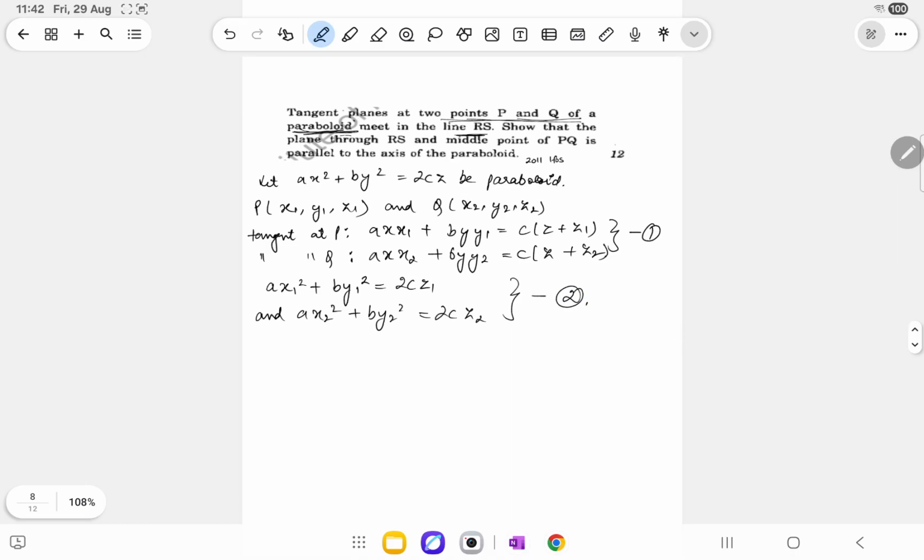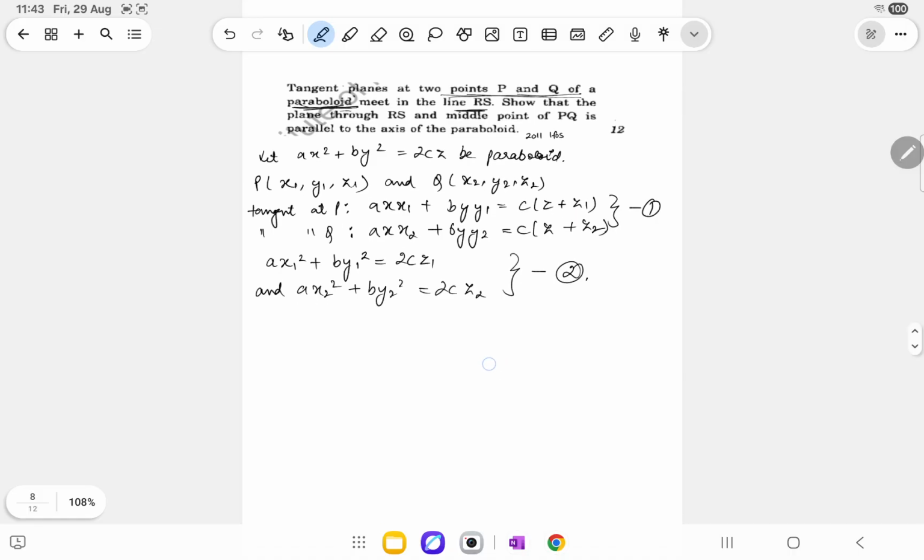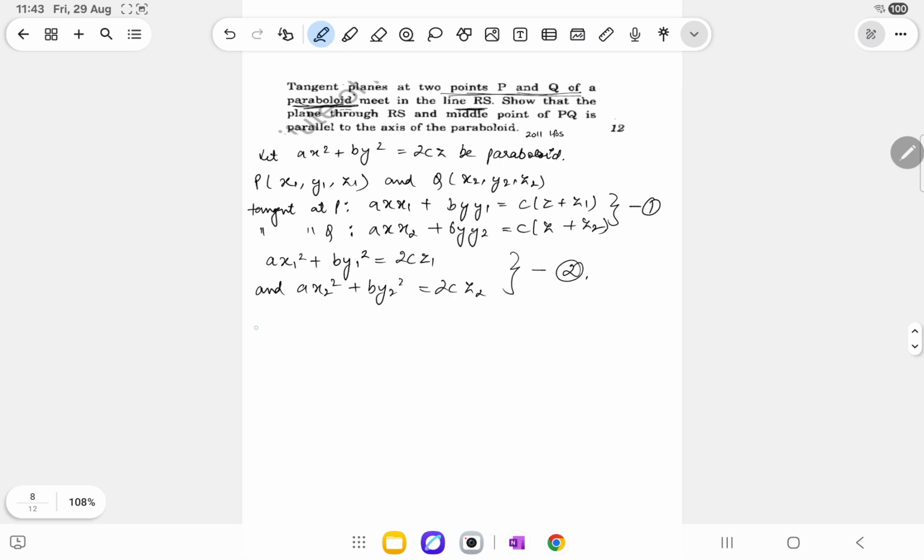The question says that these two tangents via P and Q meet in a line RS.